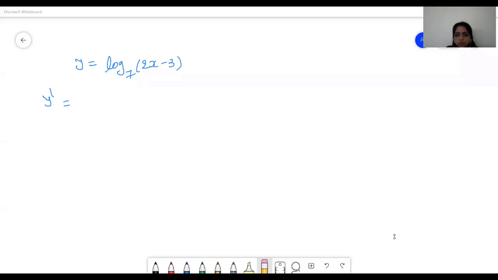I am going to ask particular students, and that student will unmute themselves. Yes, Kushal. Ma'am, first we will apply the base changing theorem. Yes, good. Log of 2x minus 3 divided by log e of 7. Yes, right.